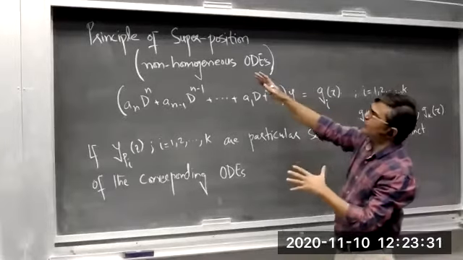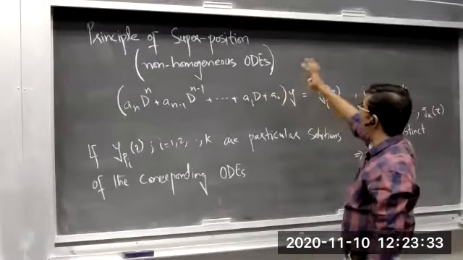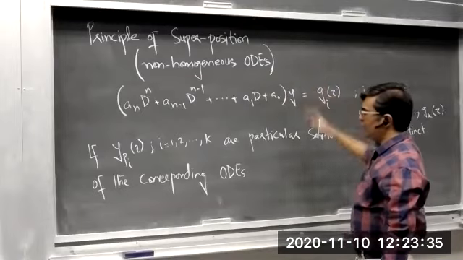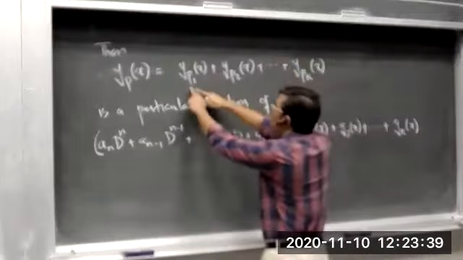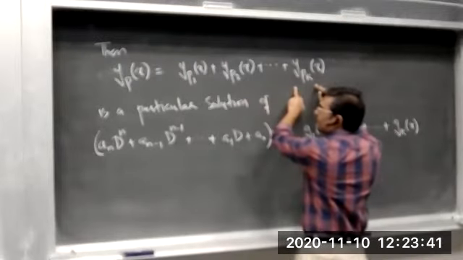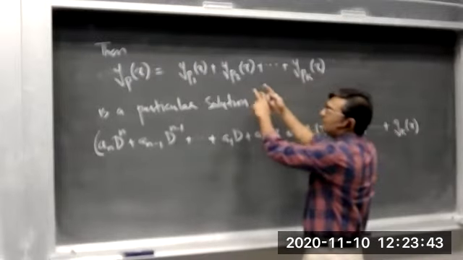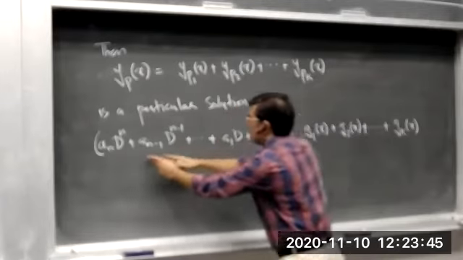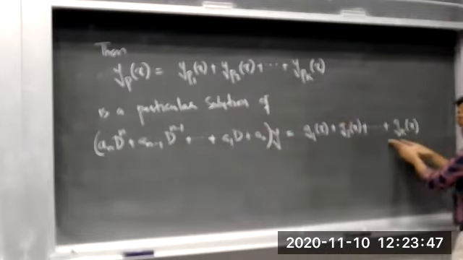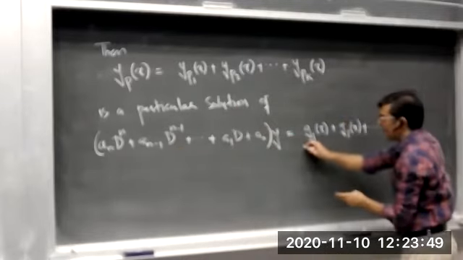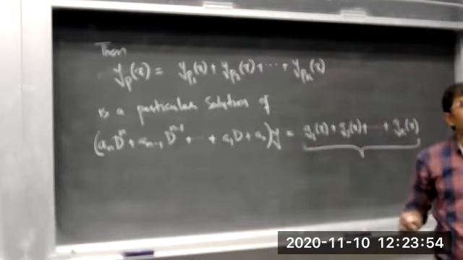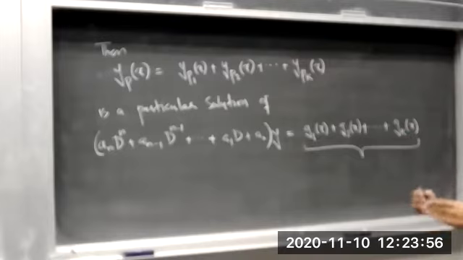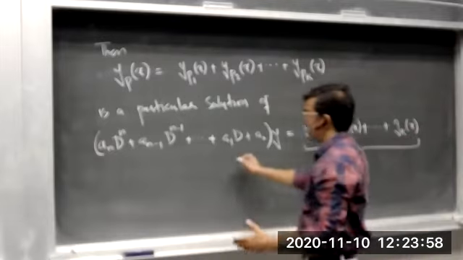Then the principle of superposition for the non-homogeneous ODEs tells us that the sum of the particular solutions will be the solution of the sum of right hand side functions of all those ODEs with the same left hand side.